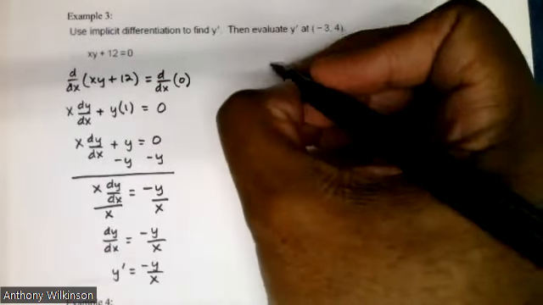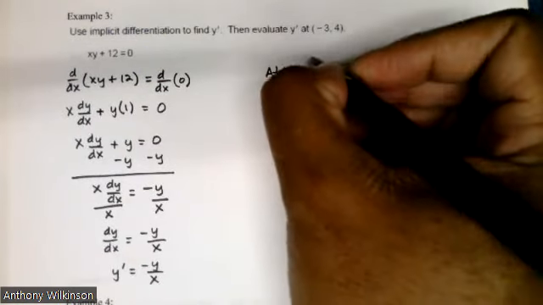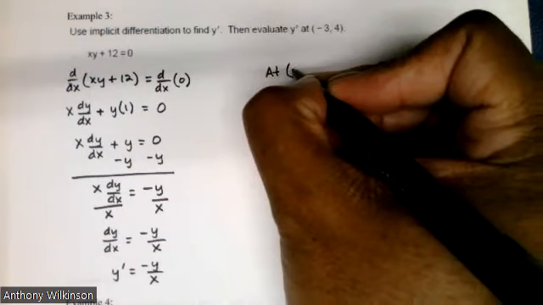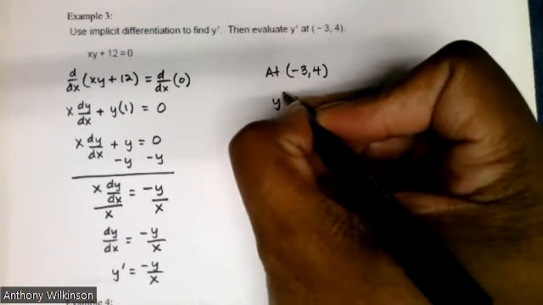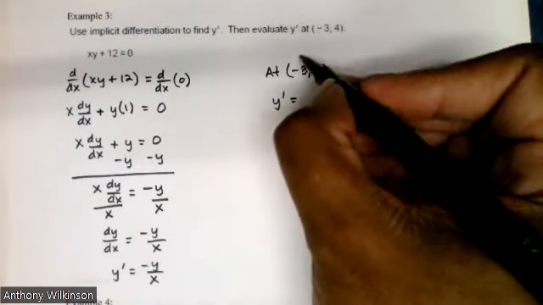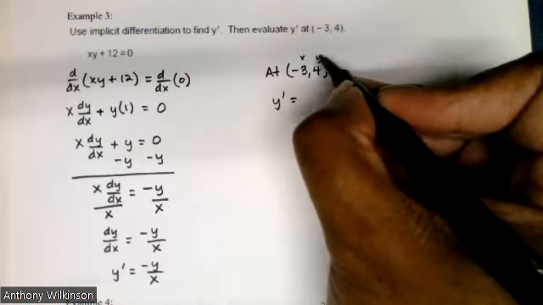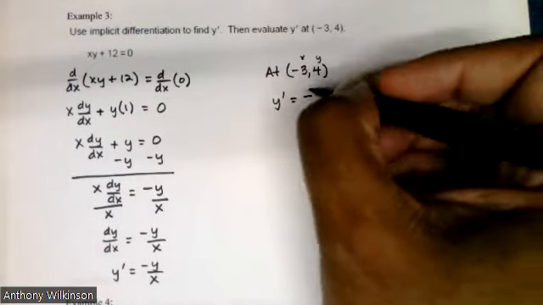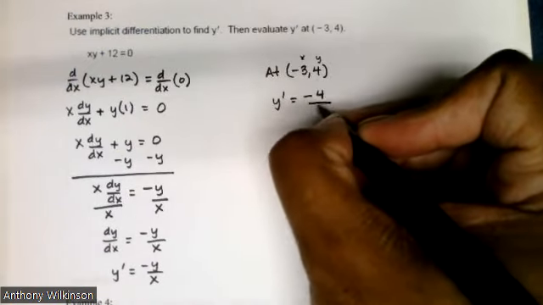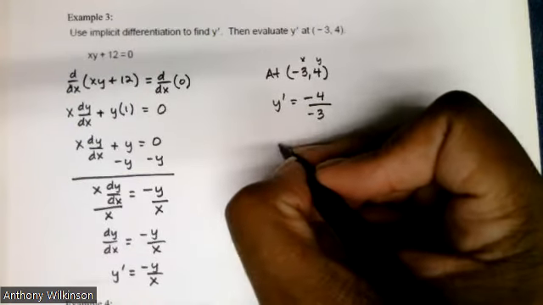So now, let's evaluate y prime at the point (-3, 4). That would mean y prime would be equal to, here x is negative 3 and y is going to be equal to 4. So bring over the negative sign here, your y is going to be 4 over x, which is negative 3.